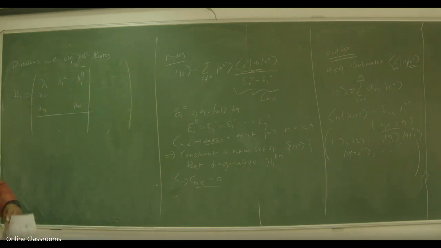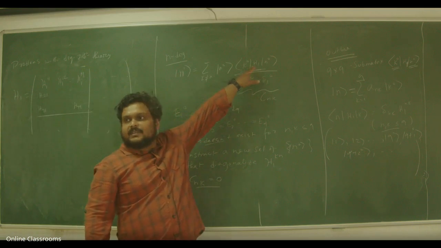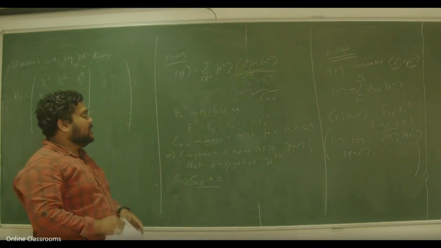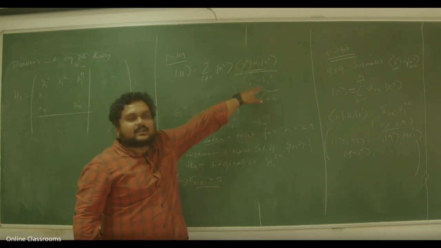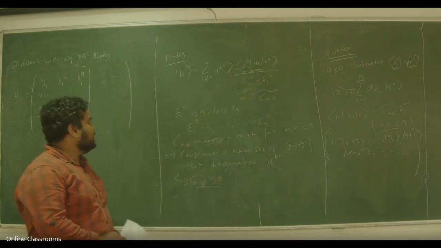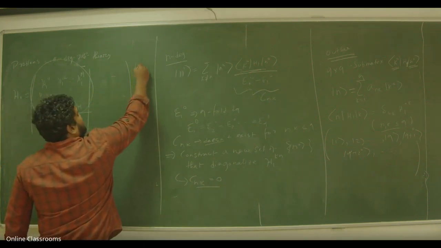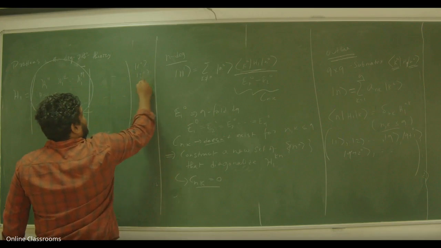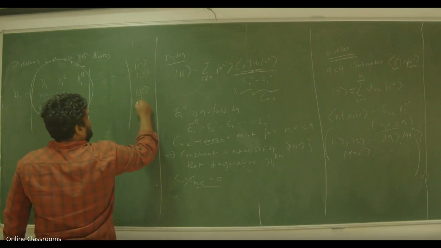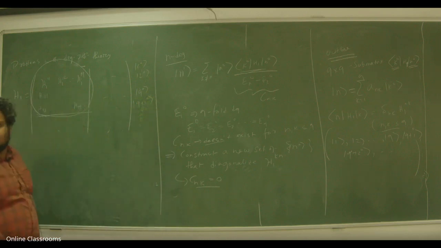But the rest of the terms I am not bothered about for this part, because for those this denominator problem is not coming. So what is my job? I will take this q by q matrix. What are the basis for this? The basis is 1 0, 2 0, q 0, q plus 1 0, like that, right?